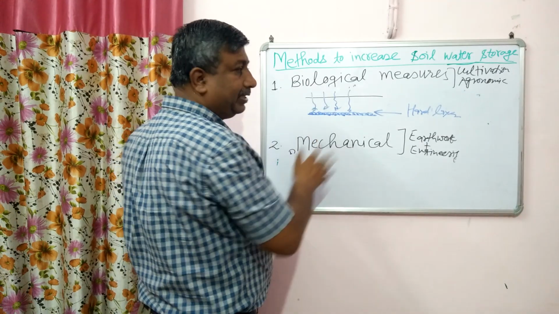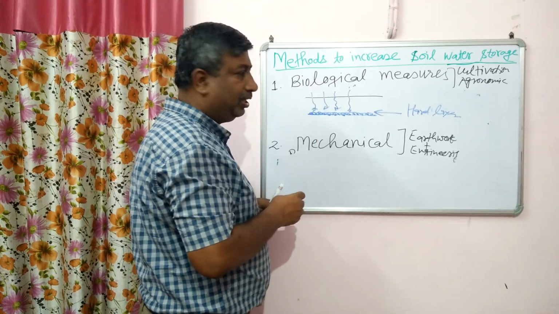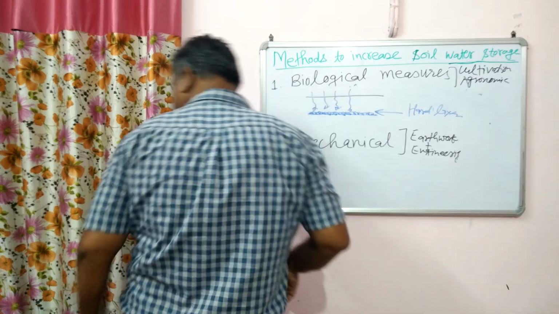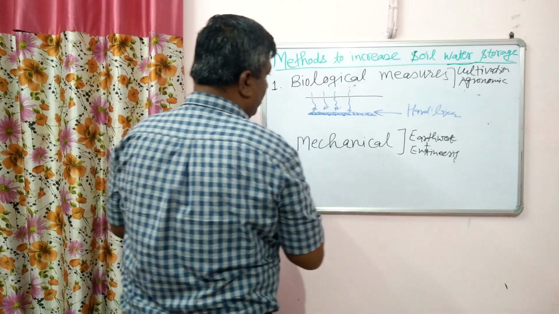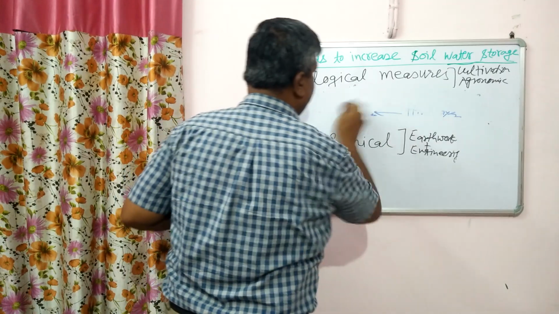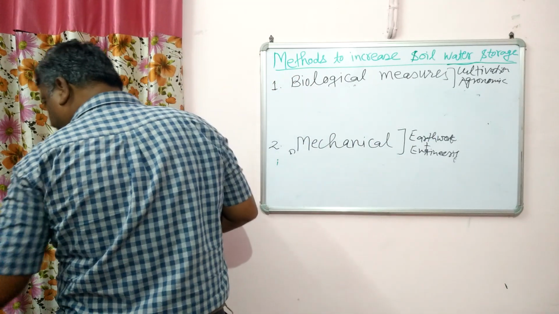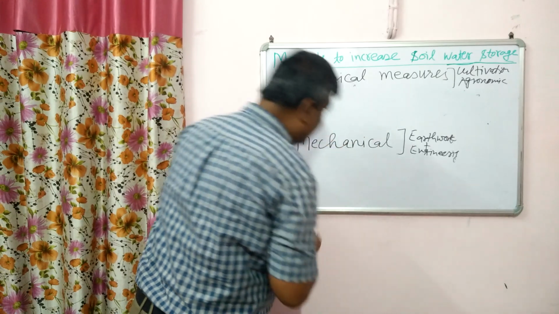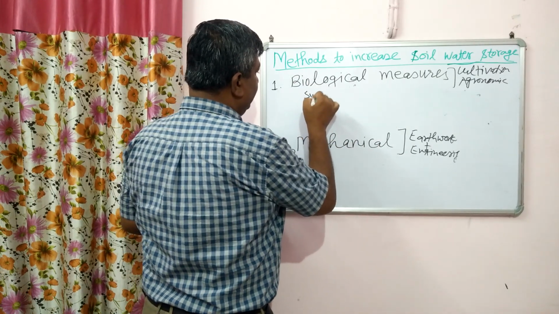So we have to break this hard layer, and this breaking of the hard layer is known as subsoiling. If this hard layer is broken, then water percolates into deeper layers. So a very good example of biological measures is subsoiling.